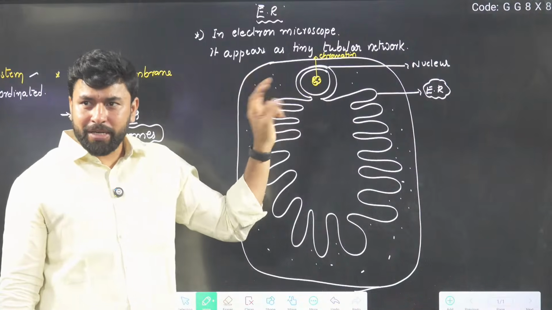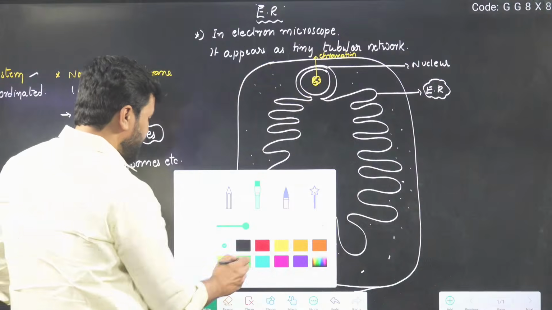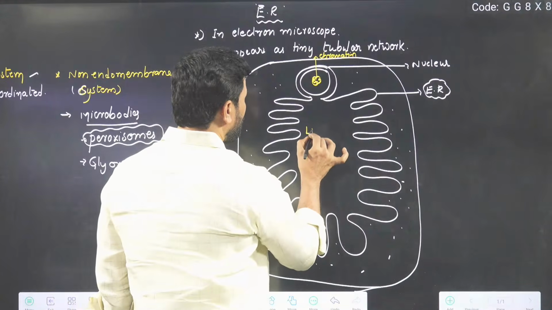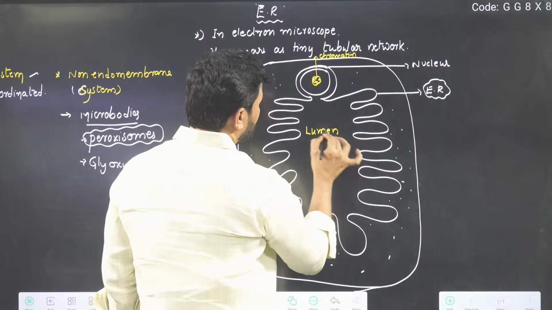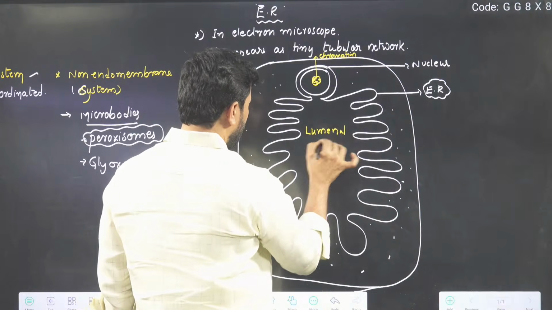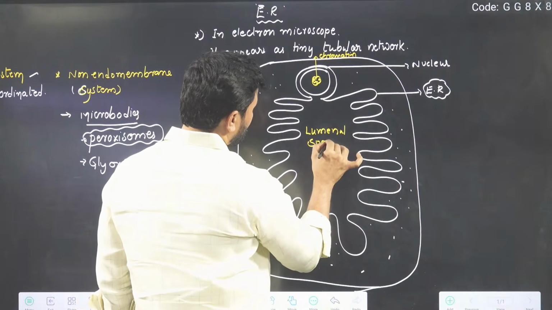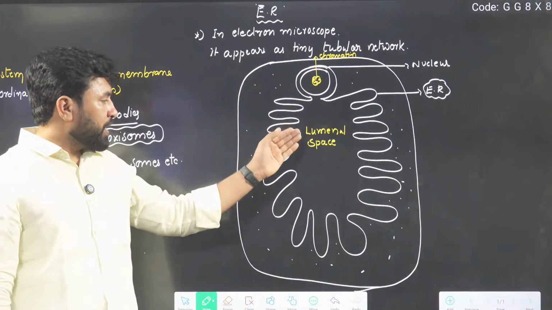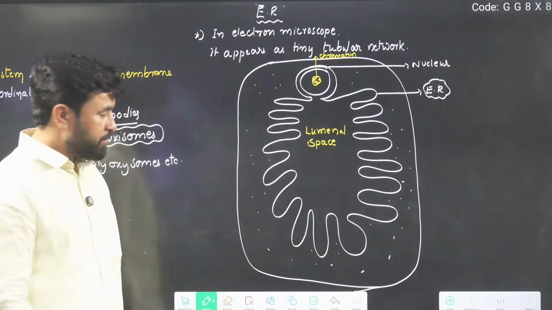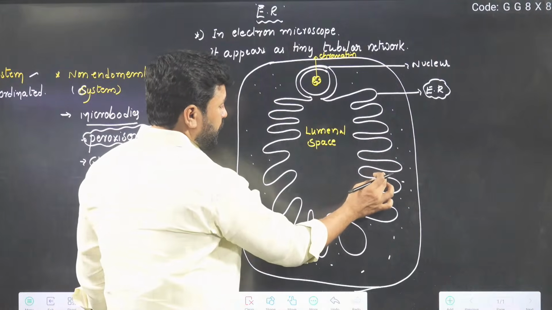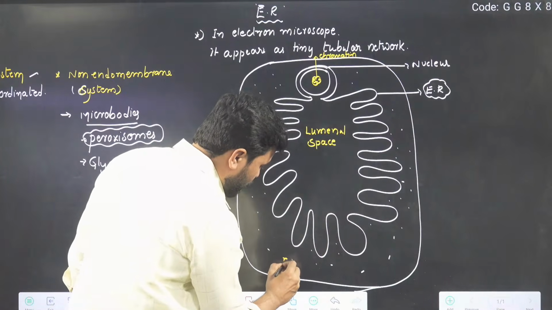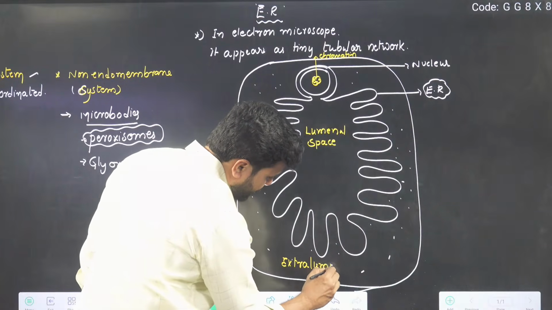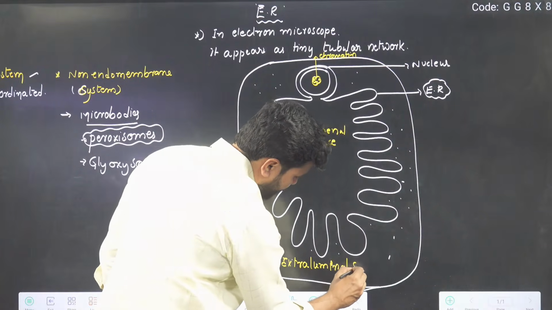Now this endoplasmic reticulum would divide the cytoplasm into two places. One place is called lumen or luminal space. Luminal space is nothing but the space inside the endoplasmic reticulum. If I come outside the endoplasmic reticulum, between the cell membrane and the endoplasmic reticulum, you would see extra luminal space.